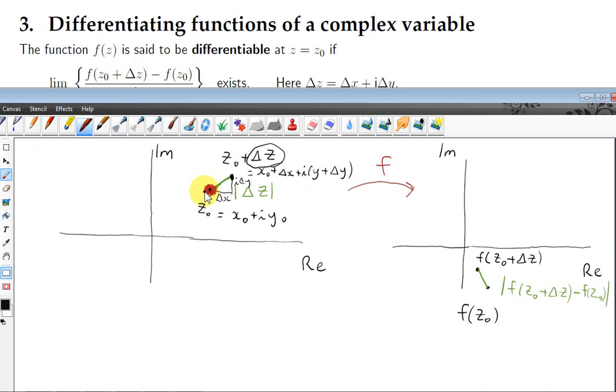The radius of this circle is the distance of any point on the circle to the centre. So if we call any point on the circle z, then the distance of z to z0, that is the modulus of z minus z0, equals r. So r would be the radius of this neighbourhood.